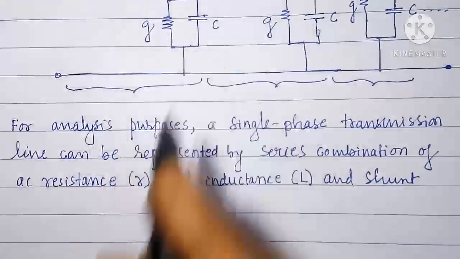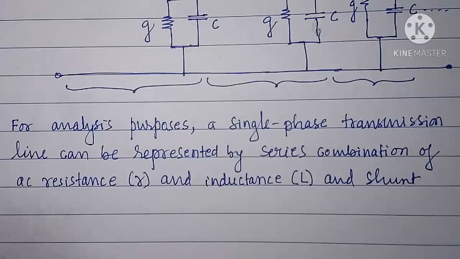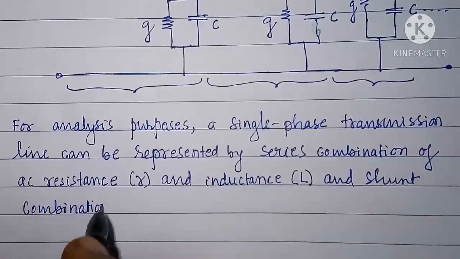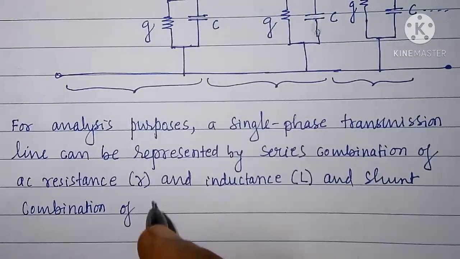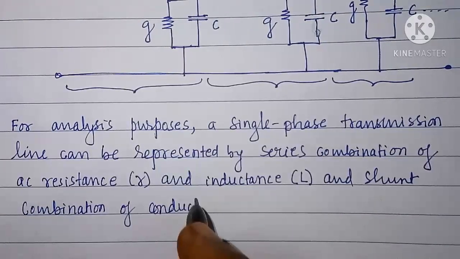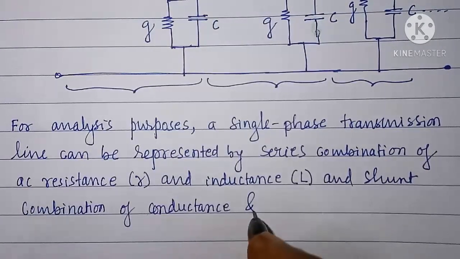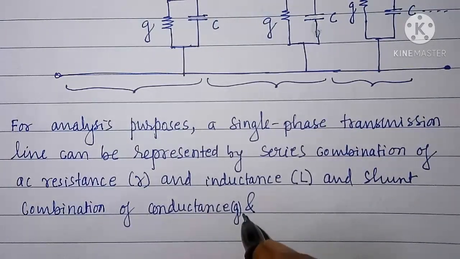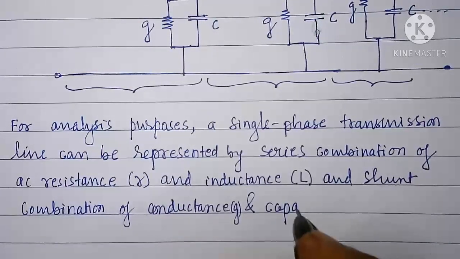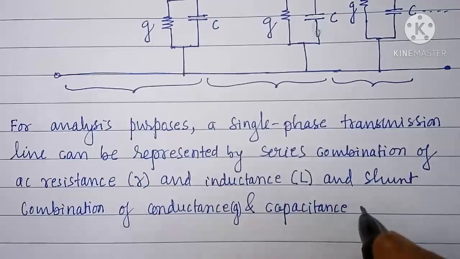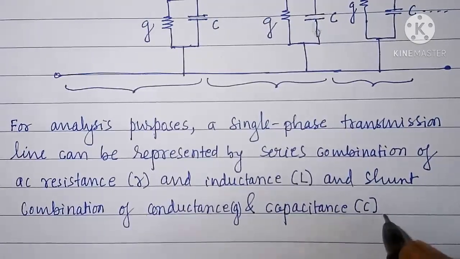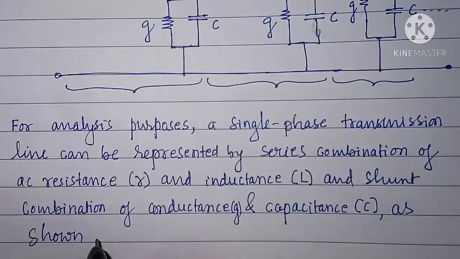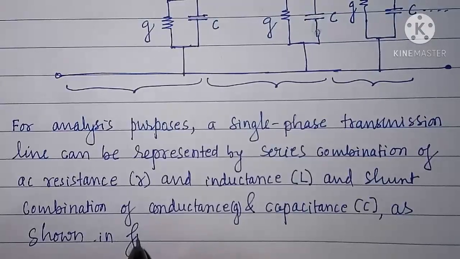Shunt combination means parallel combination. Conductance is denoted by G and capacitance by C, as shown in figure above.